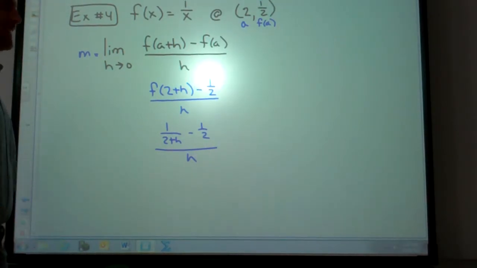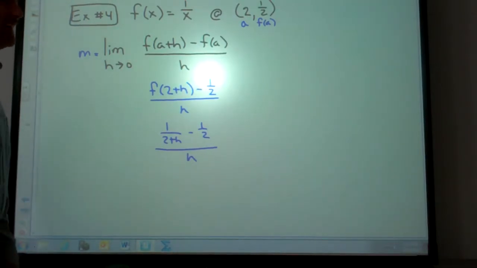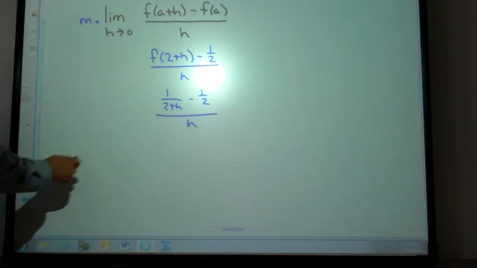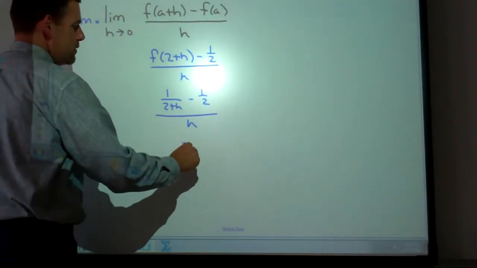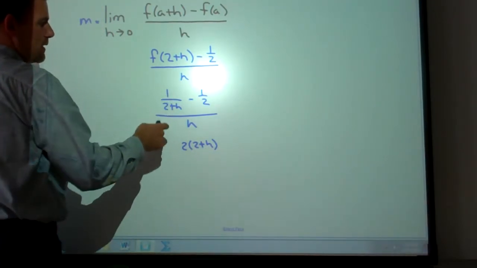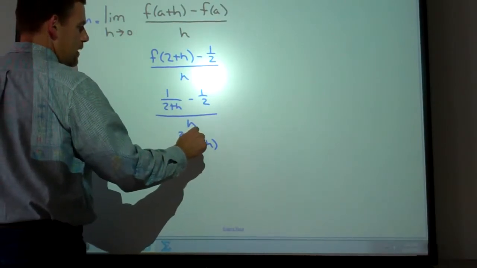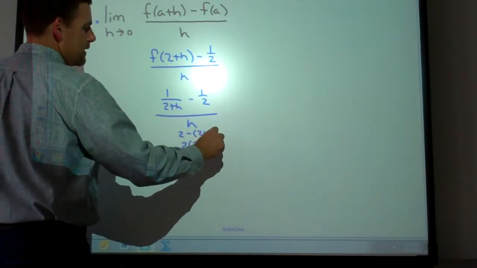Then I'm going to go ahead and simplify this set of fractions here. Getting a common denominator of 2 times 2 plus h is going to leave me with a 2 in this numerator, and 2 minus the quantity 2 plus h.